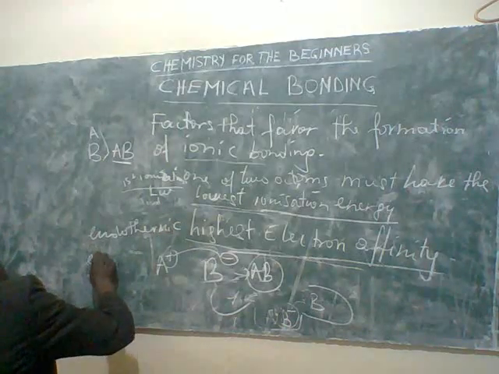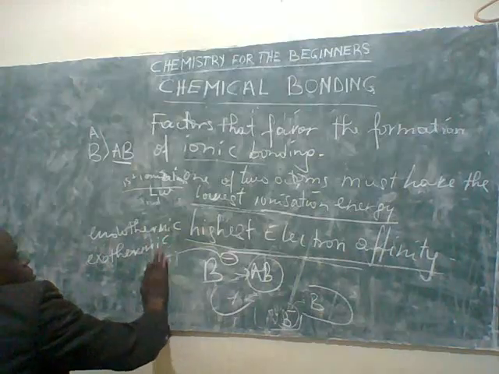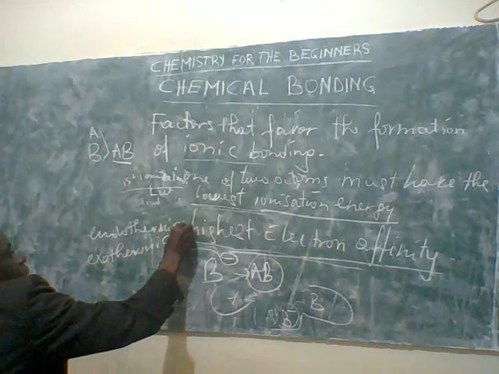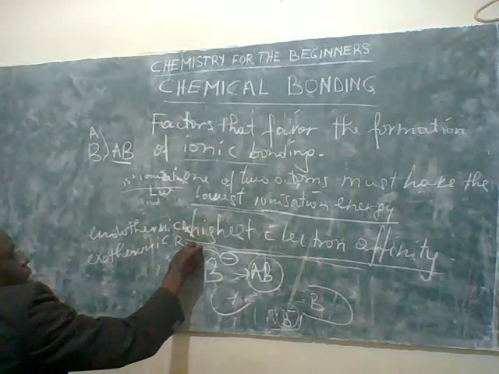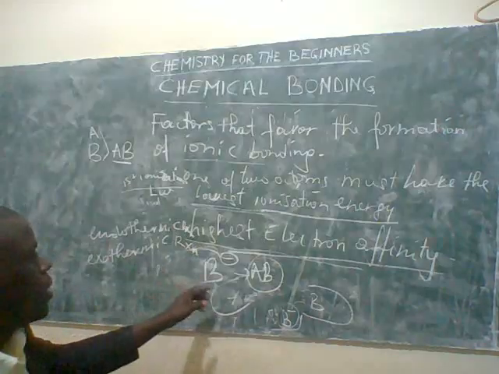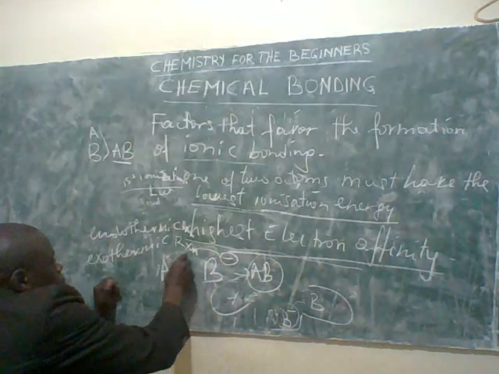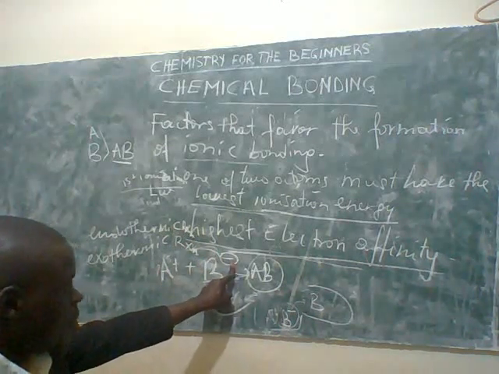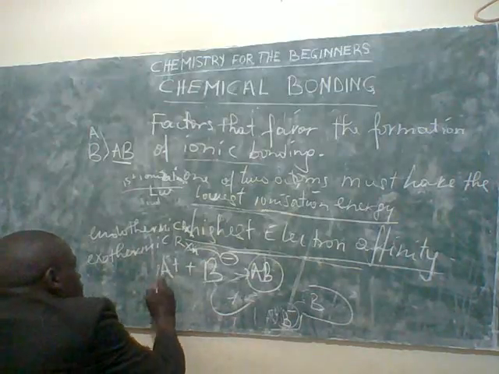Endothermic and exothermic reaction. Let us put reaction here and here. For example, if A positive is going to combine with B negative, there will be a reaction.